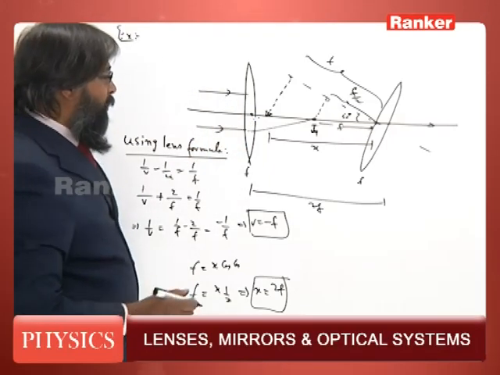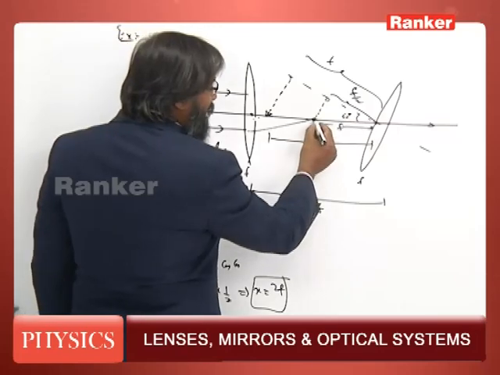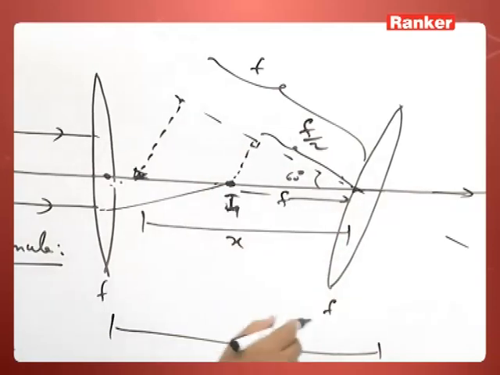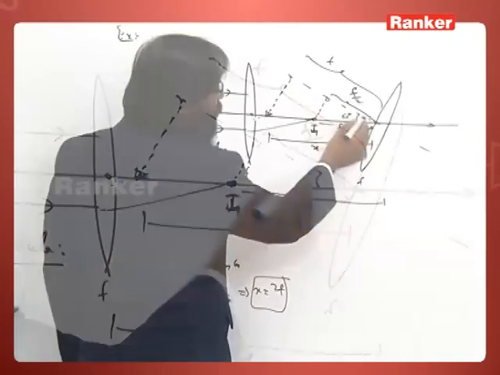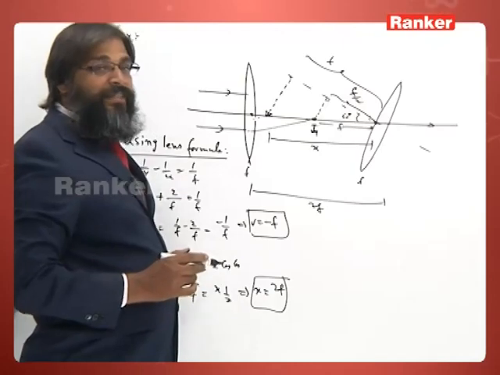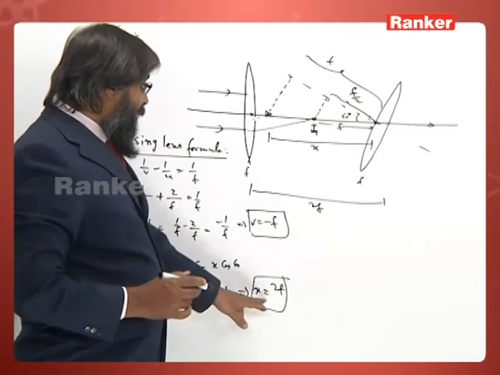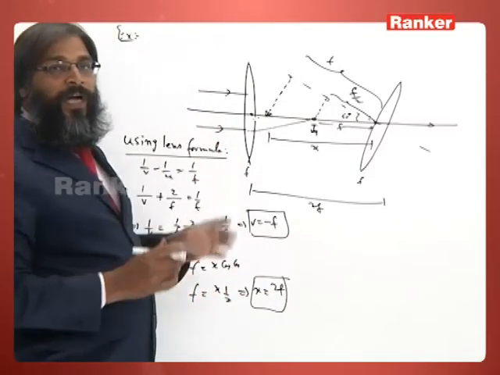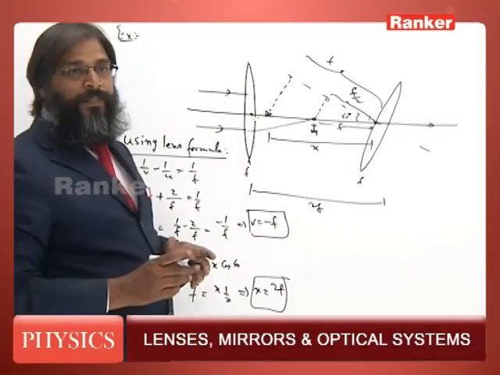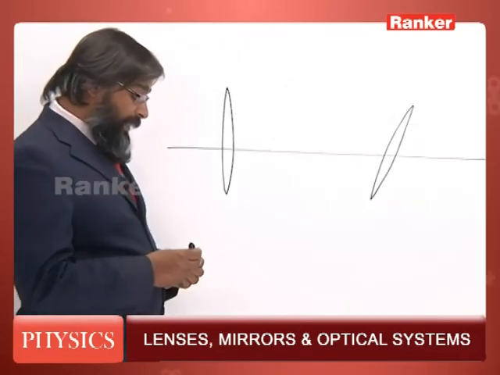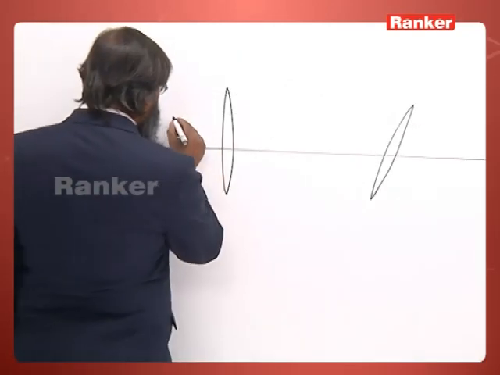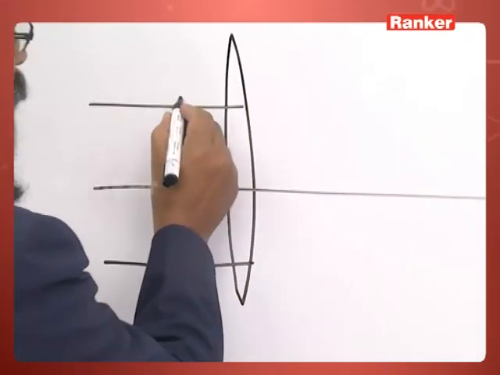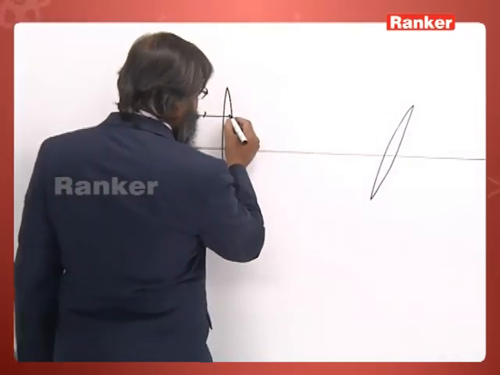What we have learnt, point number 1, the object distance should always be calculated along the optic axis. So this distance is f, but its object distance will be calculated as f by 2. So let us first write this down, and now we will draw its ray diagram to see how the final image is formed at this point. Now you see here the ray diagram for this. Suppose the rays are parallel, then they pass through the focus.